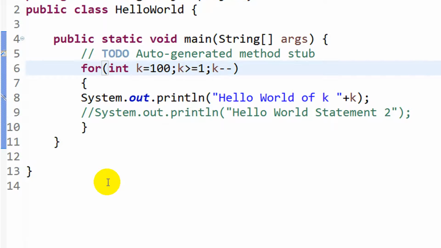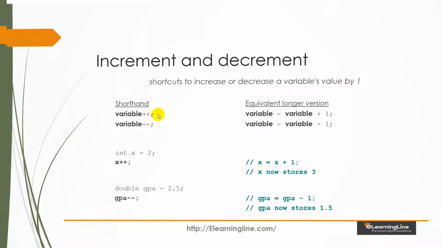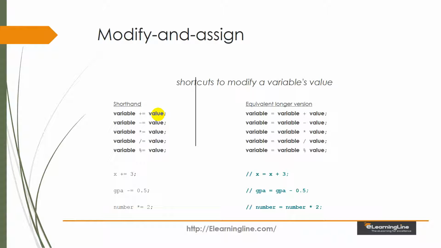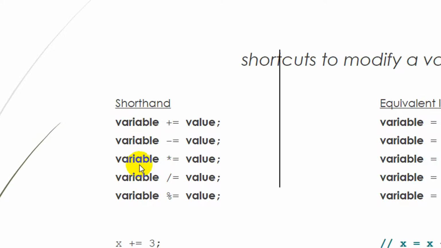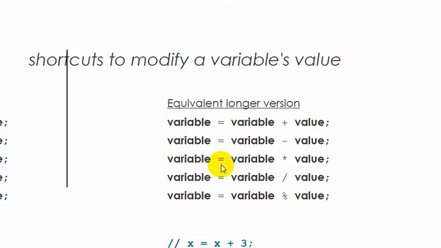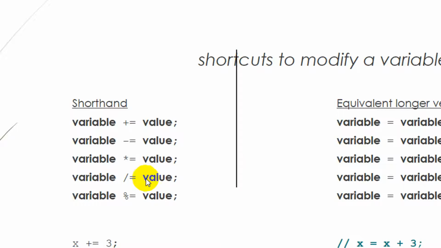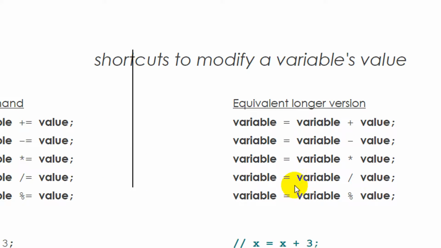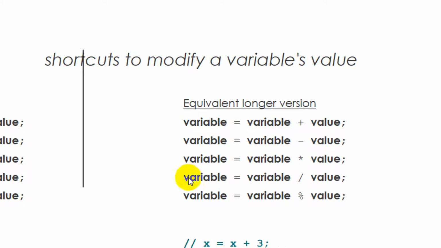All right, let's just move to the next thing. Just review this one. When you do variable times equal to value, it is the same thing as variable equal to variable times value. When you do variable divide equal to value, it is the same thing as variable equal to variable divided by value.